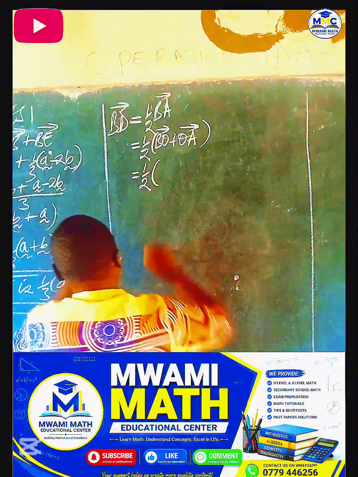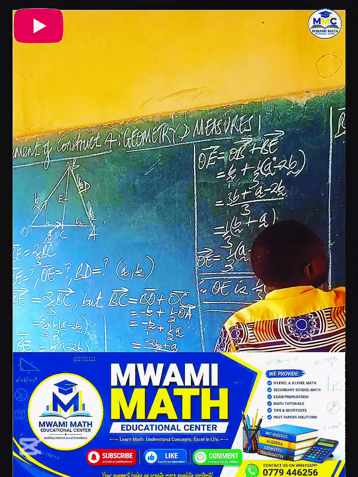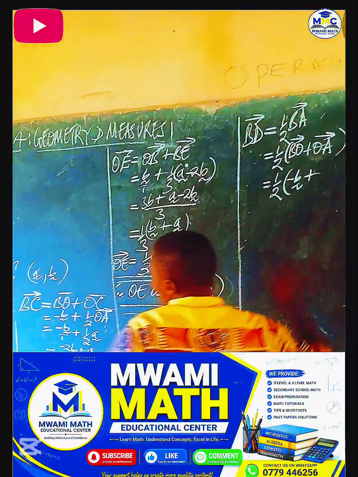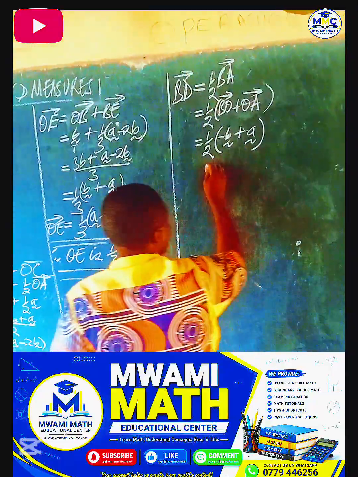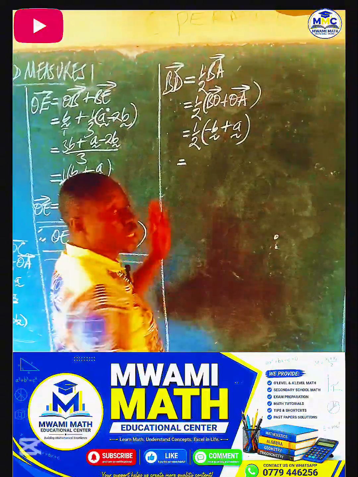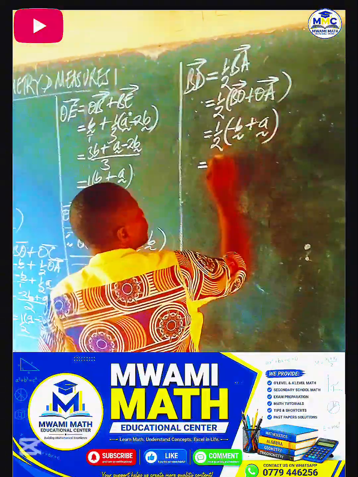So this gives us a half. What is BO? It is the negative of B plus OA is A. So we can either end at that or we can start with the positive.